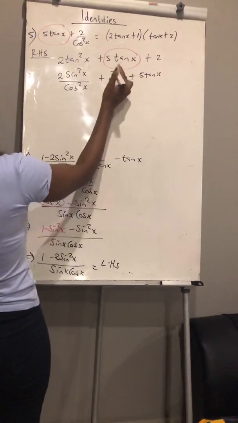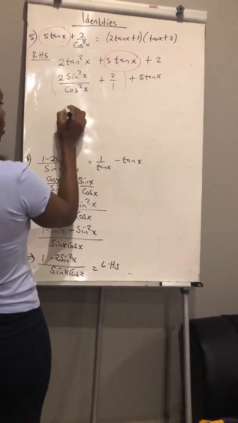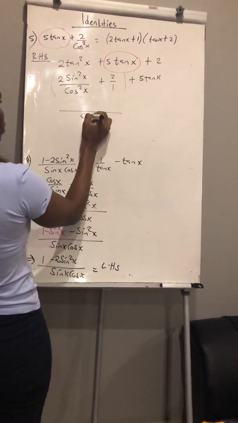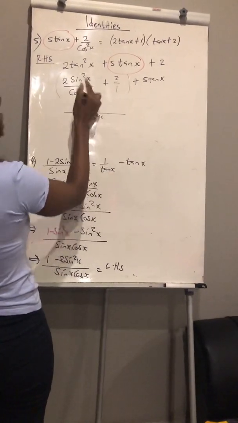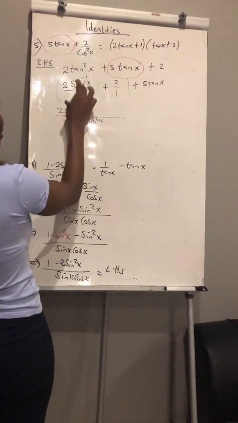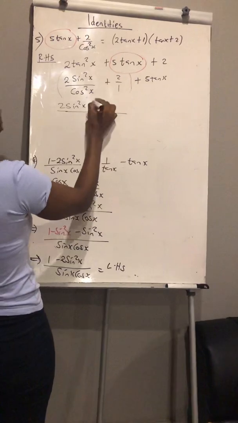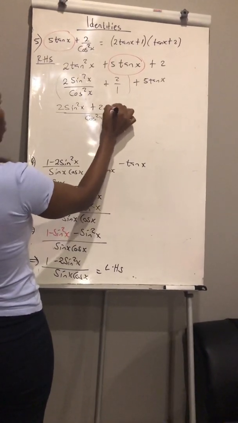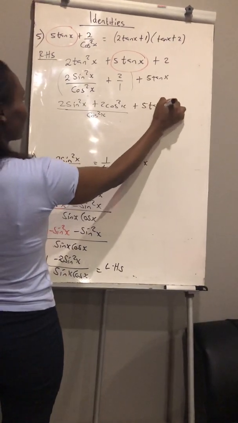So I am going to just take these 2 here under one denominator. So the denominator that we've got is cos squared x. If I multiply these 2, I'll get this. So I'm going to also do what I mentioned before. I can say, well, this will be 2 sine squared x, and that will be 2 cos squared x plus 5 tan x.